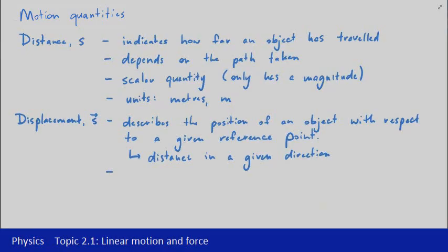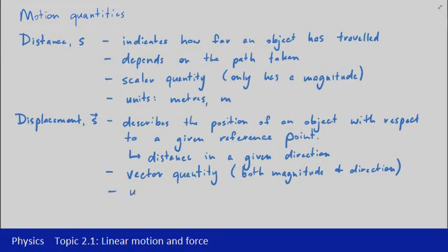As I mentioned, displacement is a vector quantity, and hopefully you can recall that a vector has both magnitude and direction. So the difference between scalars and vectors is that a vector has a magnitude and a direction associated with it. And finally, the units are still the same.